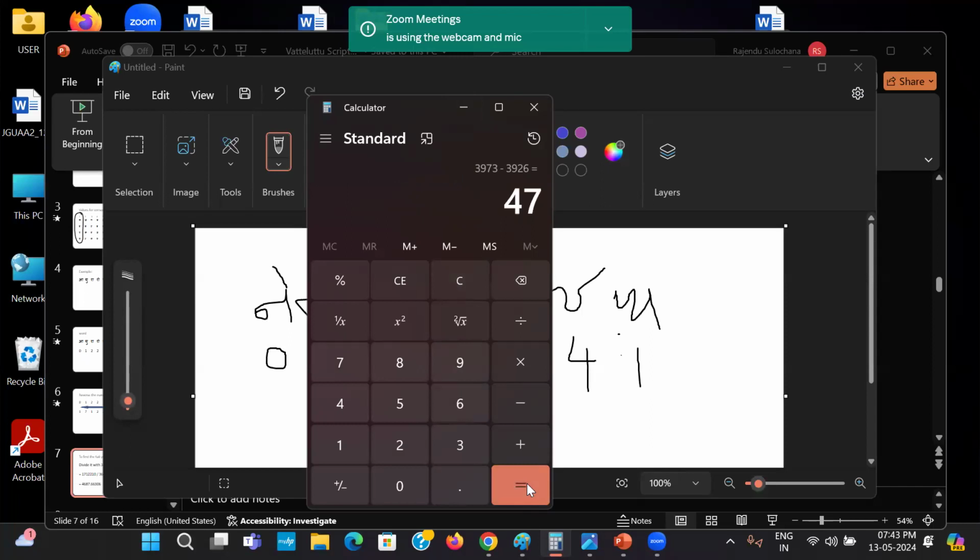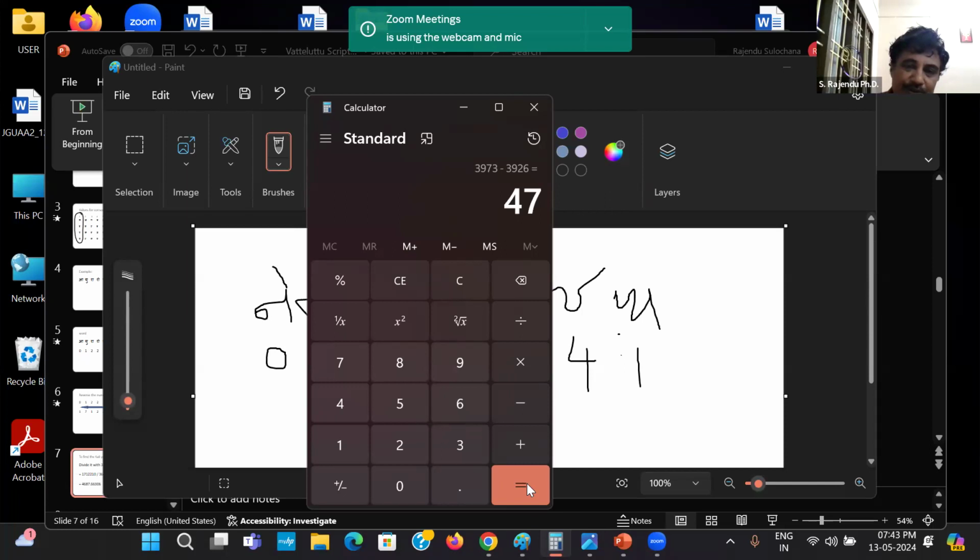Sir, are you finding the difference, or if subtracting goes negative, will the sign also come? No. See, I'm using the same calculator. You can watch the screen. It is 47.